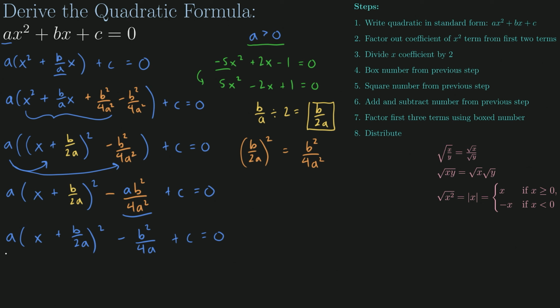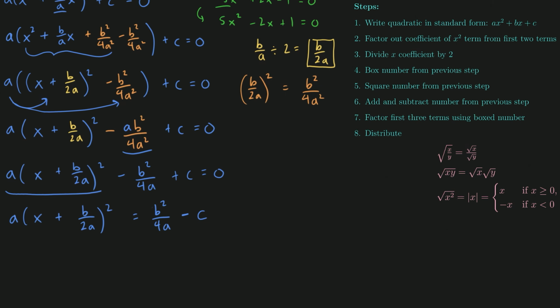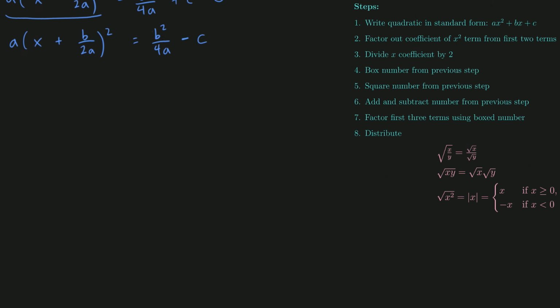So we're going to isolate this expression, a (x plus b over 2a) squared equals, add this term over, b squared over 4a, and subtract the c, minus c.